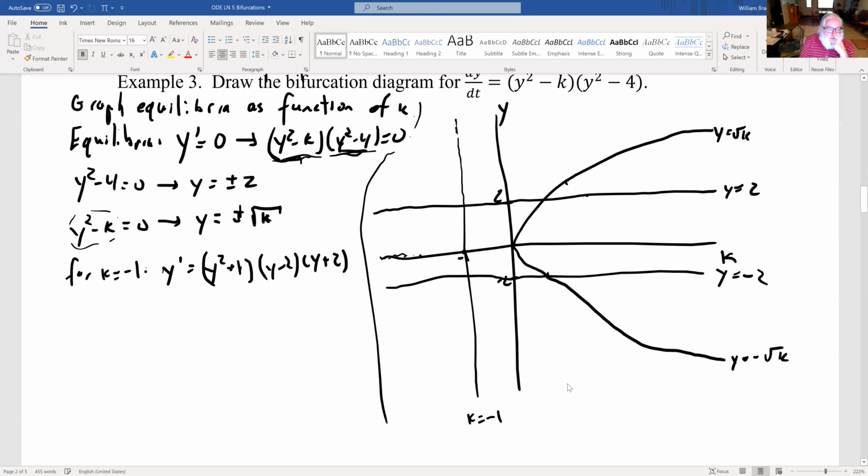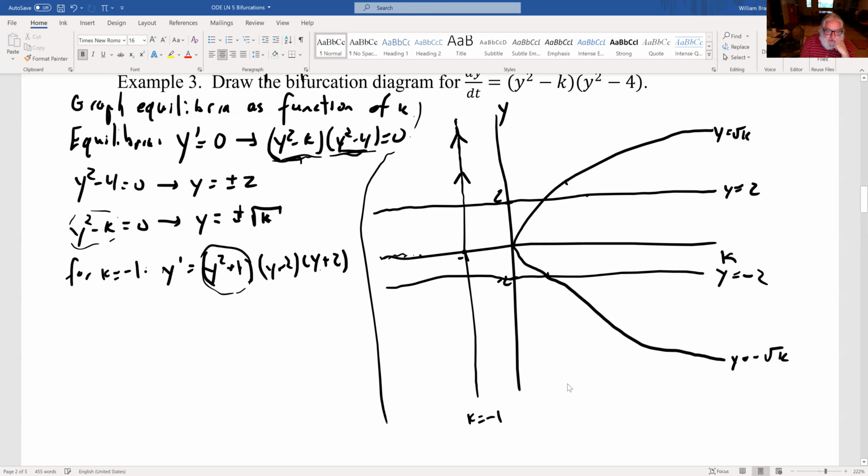If you factor the y squared minus 4. So what does this tell me? Well, this part is always positive. If y is bigger than 2, so that means on this part of the phase line, this will be positive and this will be positive. So it'll be positive times positive times positive.